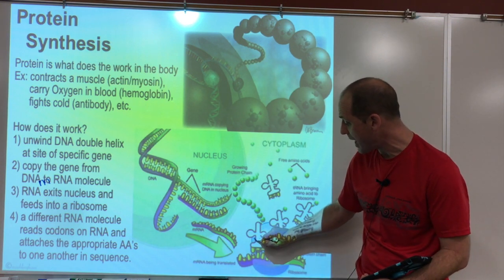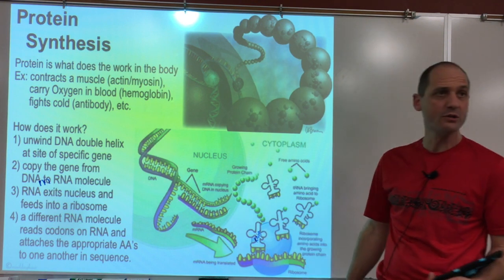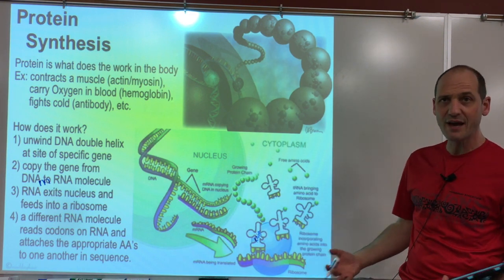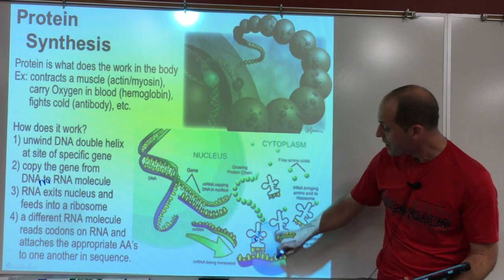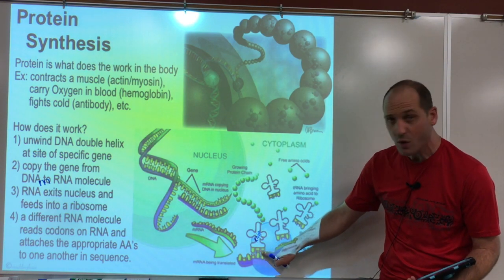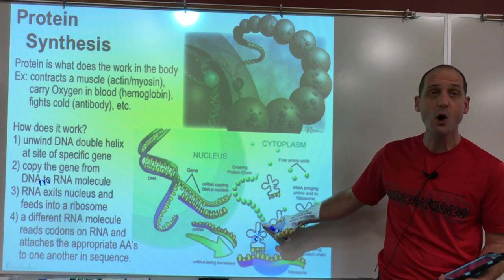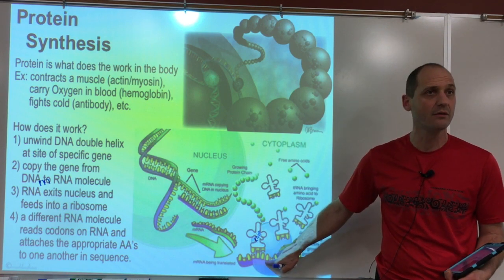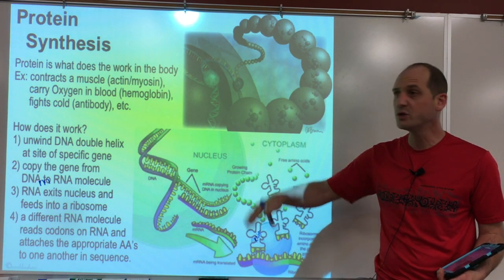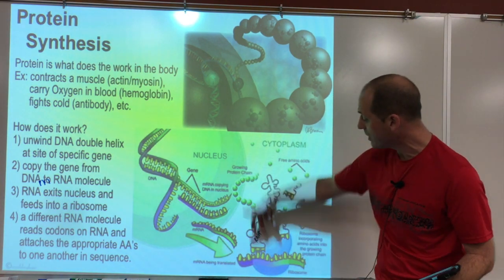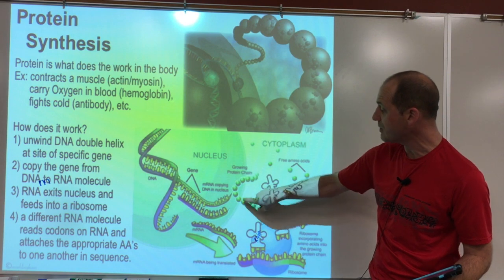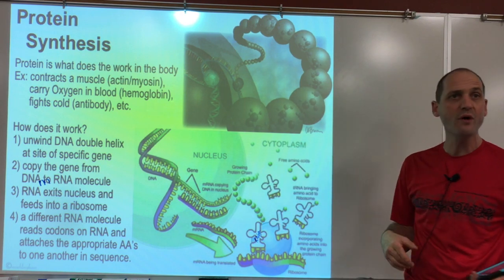And again, I don't know why they have the same word for all these different things, but we have to just explain it once or so. We have one RNA that can read the codon on one side, and on the other side it knows which amino acid goes with that read. And so the strand goes through it, and the ribosomes come down and attach one amino acid after another, and at some point we have a protein.